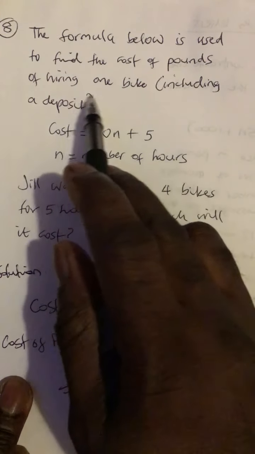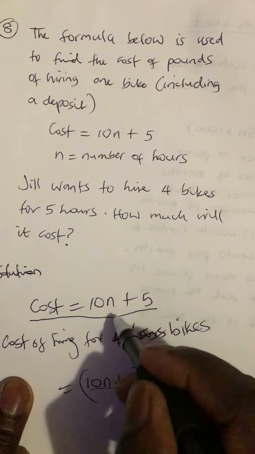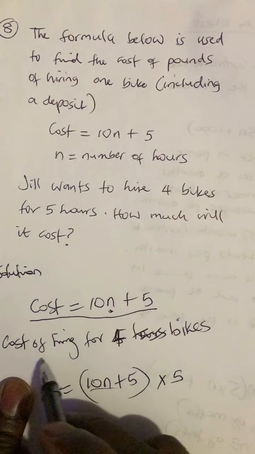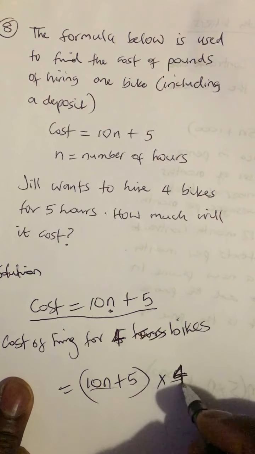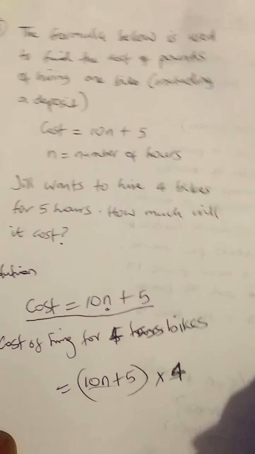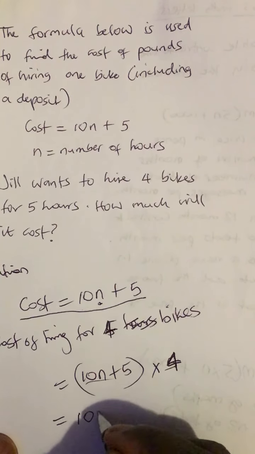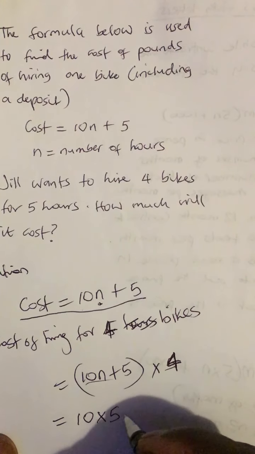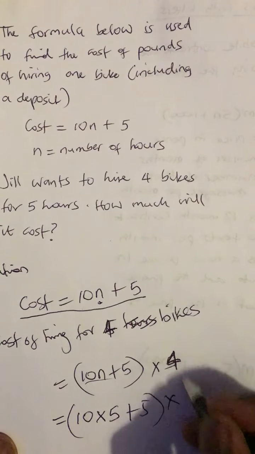This is the cost for hiring one bike for these hours, and this is the cost for hiring 4 bikes for these hours. So since it's hiring for 5 hours, it will give us 10 times 5 hours plus 5 times the number of bikes hired.